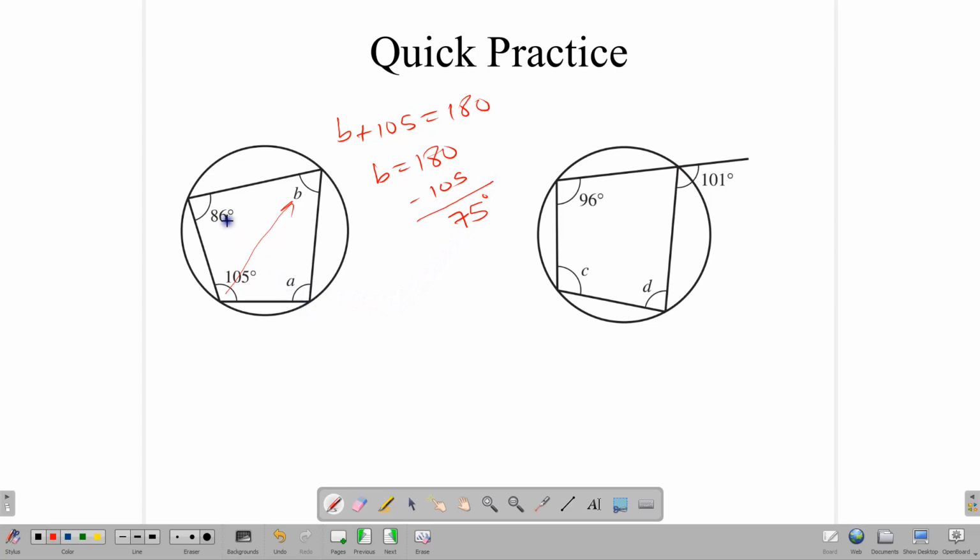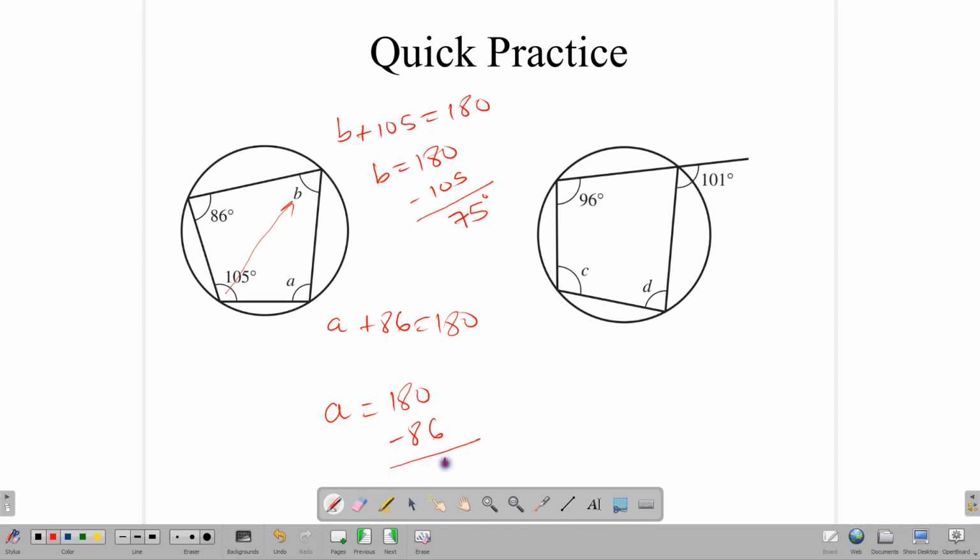Same thing here, A plus 86 gives you 180. And so we can subtract there, A is equal to, let me write a proper A. A would be equal to 180 minus 86.